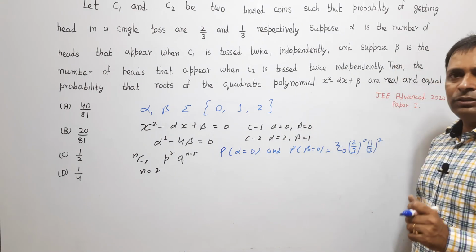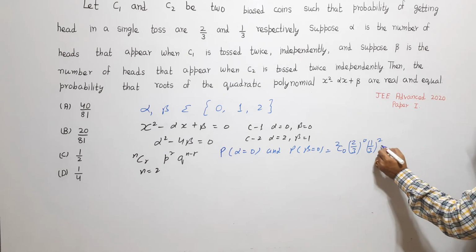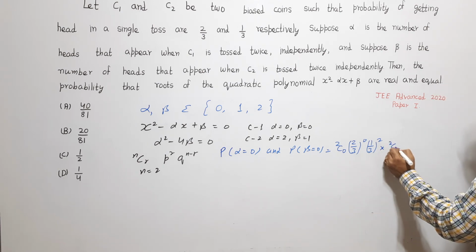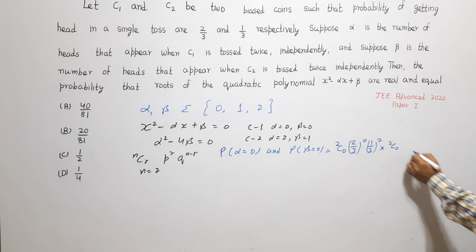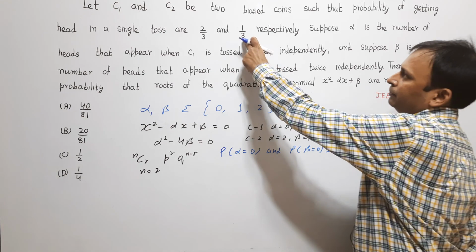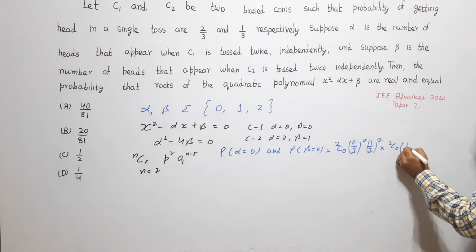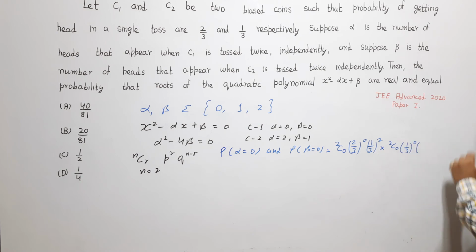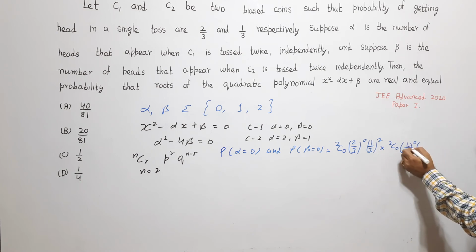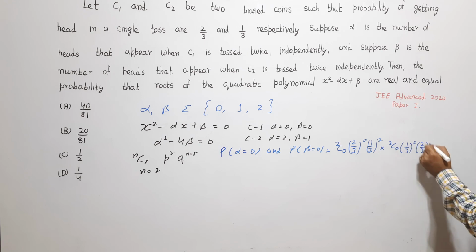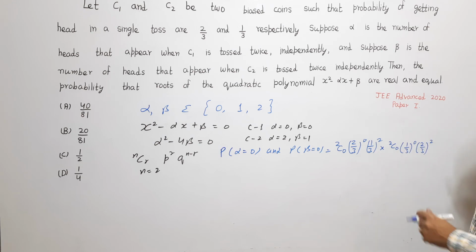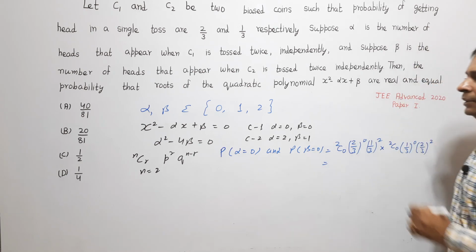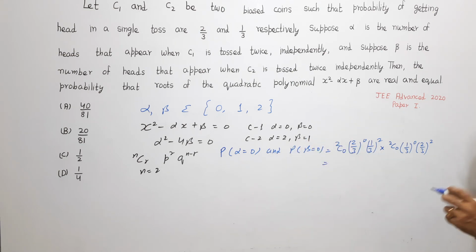Now I will find the probability that beta is also equal to 0. Here also n is equal to 2, so I will write 2c0, but in this case the value of p should be 1 by 3, so 1 by 3 raised to the power 0 into q, which is 2 by 3, raised to the power 2. This product will give us the probability that both alpha and beta are equal to 0.